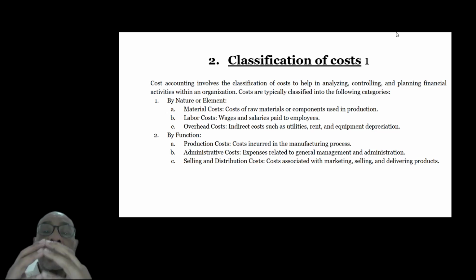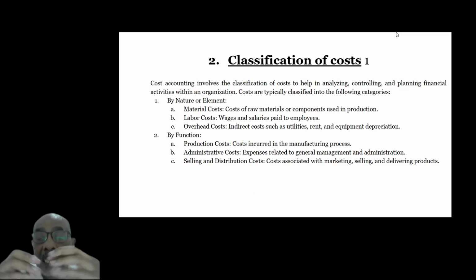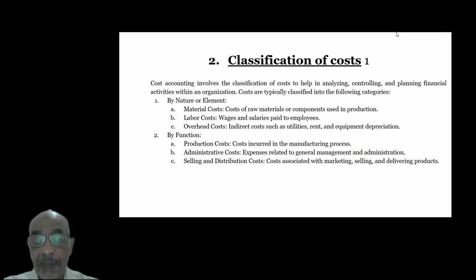What does that mean? That we classify the costs because there will be a lot of costs. We will classify these costs, put them in categories to help us in analyzing the behavior of the cost, analyzing the cost from where it comes and what it will go to.